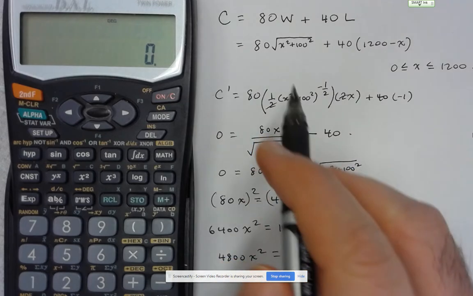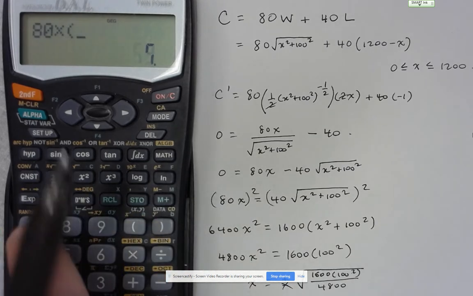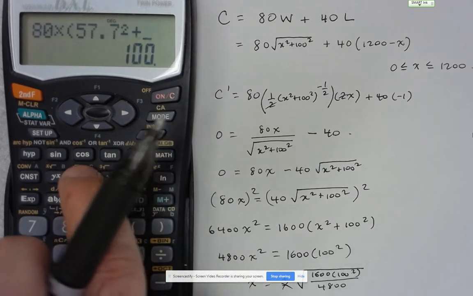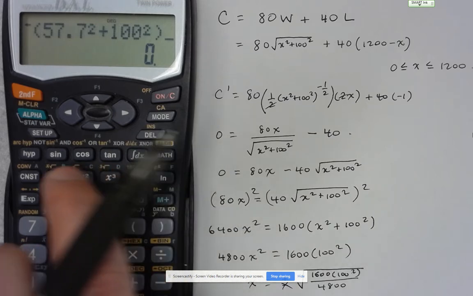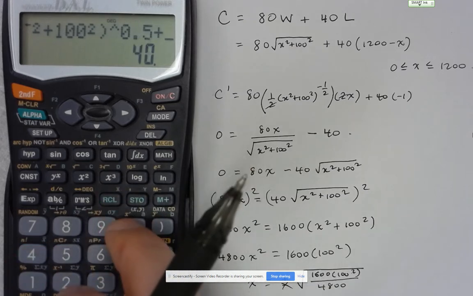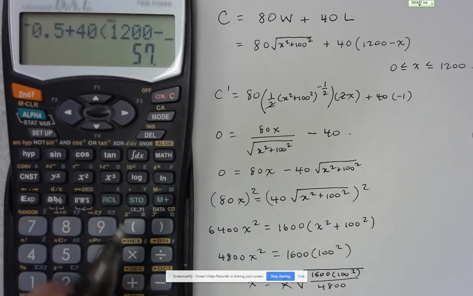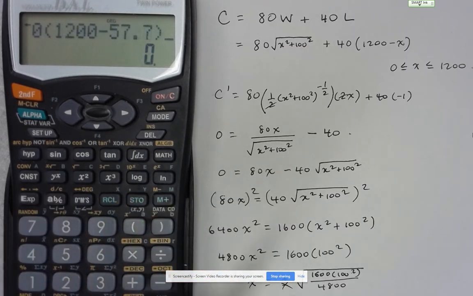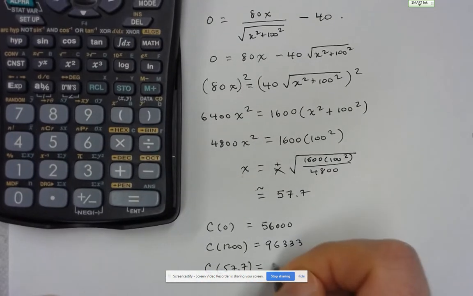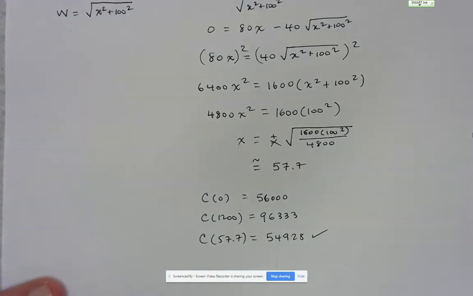So 80, whoops, let's start again. 80 times 57.7 squared plus 100 squared, and that's all to the exponent of 0.5, and then plus 40 times 1200 minus 57.7, and we get 54,928. So here, 54,928. And so that is the lowest of the three.